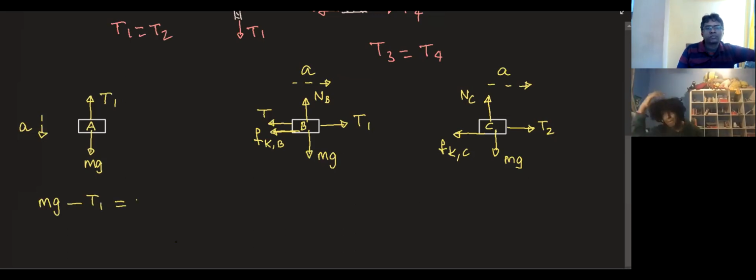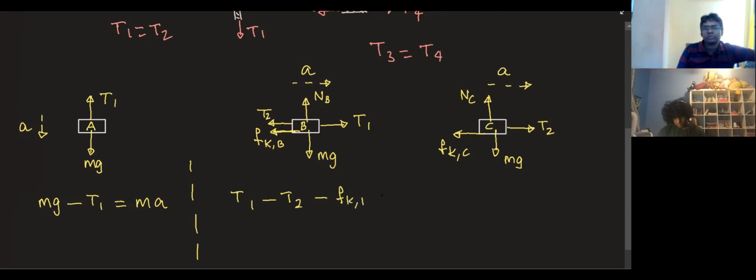Now this is for A. Now for B, T1, I'm calling this T2. So T1 minus T2 minus the friction force acting on B should be equal to mass into acceleration, which is ma.